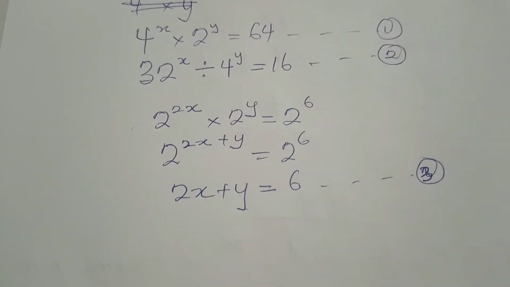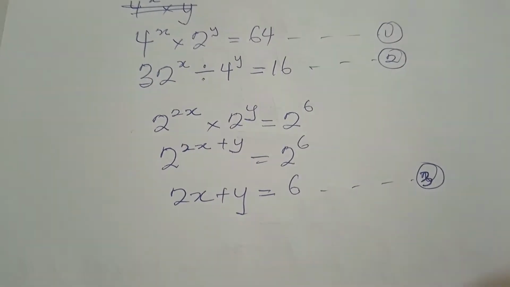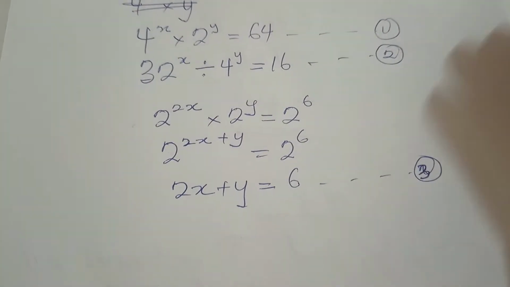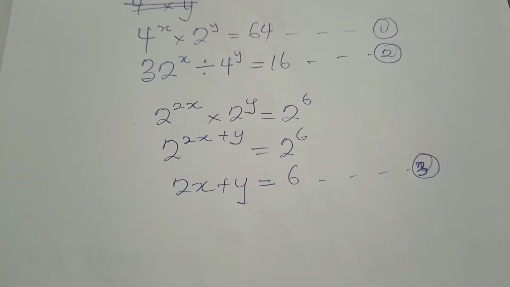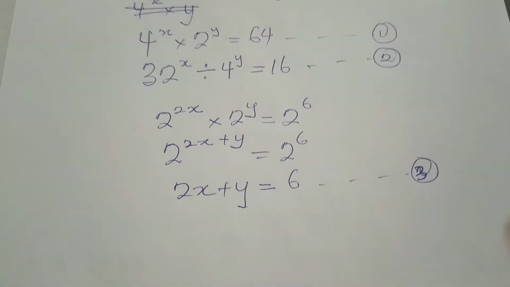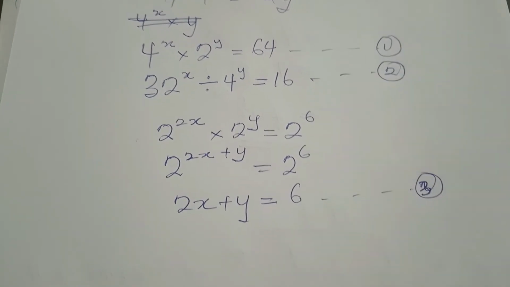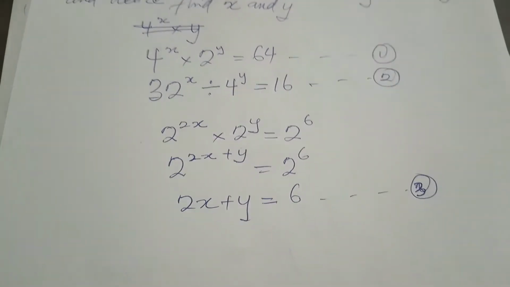So let nobody be confused by the number of equations we get. Yours is to name them rightly, so that whenever you fix something into any of them, it will be very obvious where we are substituting.